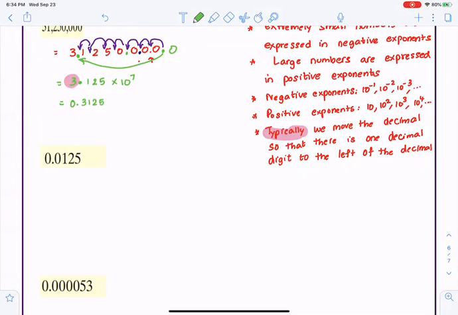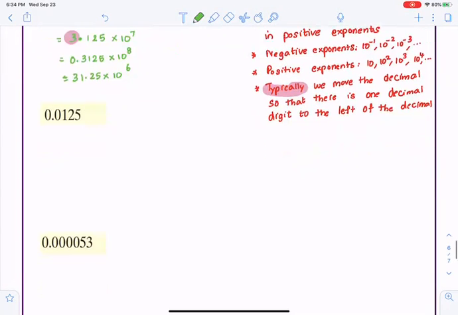Since I moved the decimal to the left one more time, the power would be 10 raised 8. Or if I moved to the right by 1 decimal, I have to decrease the power 7 by 1 because I'm moving to the right.